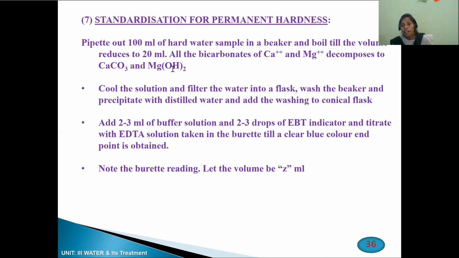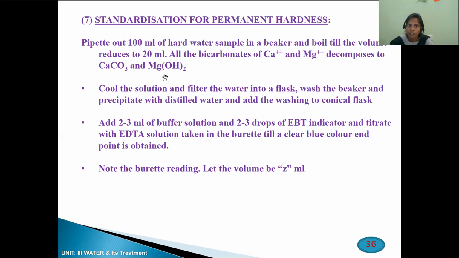So we are removing the temporary hardness by boiling. When we are boiling, all the bicarbonates of calcium and magnesium are removed. Whatever salts are present in the water now are the permanent hardness causing agents. So now we are using the 20 ml of water to find out the permanent hardness.